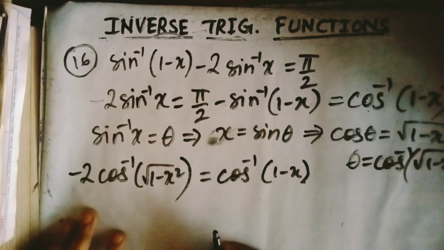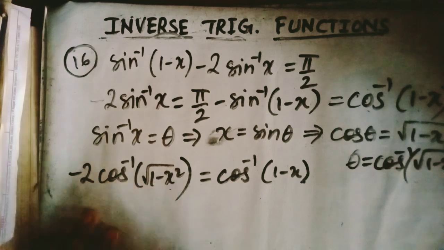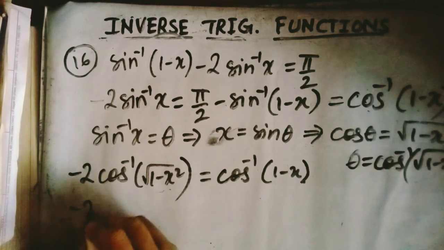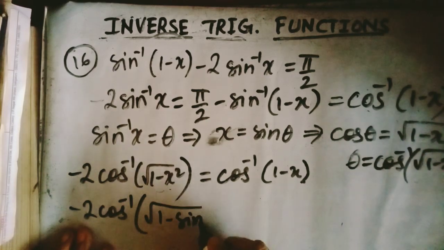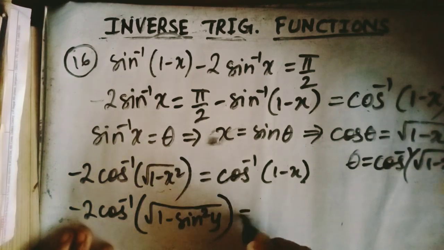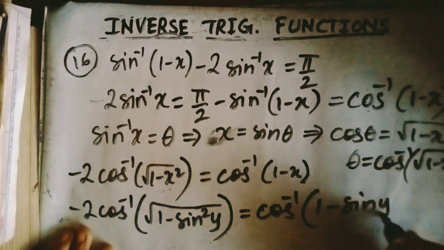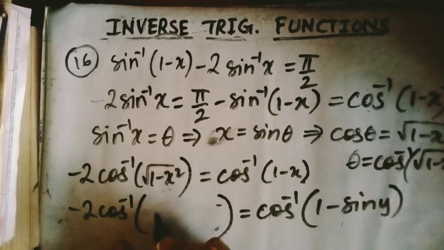Okay, now we can put x equal to sine y, so that you will get this in terms of cos. So minus 2 cos inverse root of 1 minus sine square y. Also you can put this 1 minus sine y. Okay, so this will be cos square y under root, so it will be cos of y.